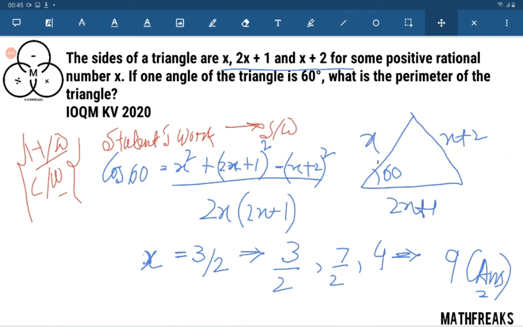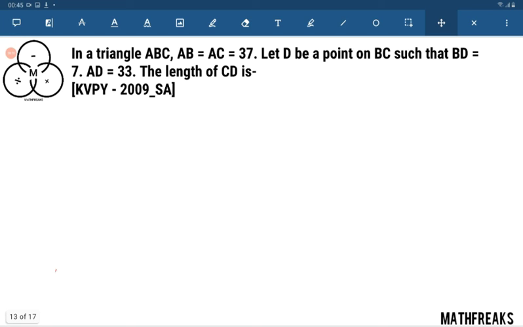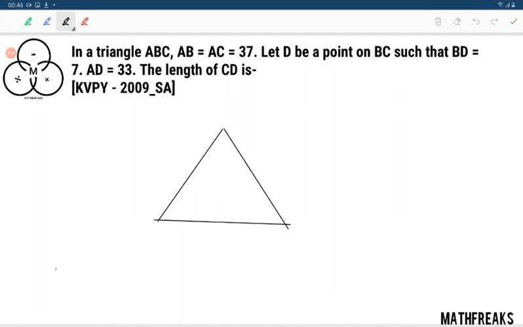One last question, as I have said that this is a short video, that is totally not related with solution of triangles at all. In triangle ABC, it is a simple Pythagoras theorem question, with AB equals AC equals 37.